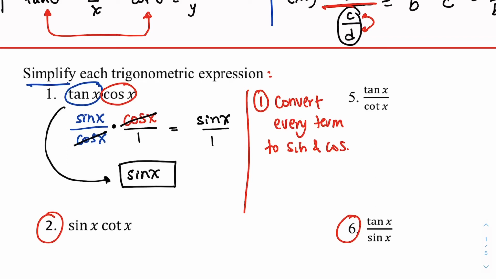I used the formula that involved sine and cosine so that I could avoid wasting time with formulas that weren't going to get me anywhere. Once you're done with step 1, everything else you just simplify by multiplying, dividing, or whatever the question calls for. So pause the video, copy these rules down, and then why don't you try number 2 on your own?